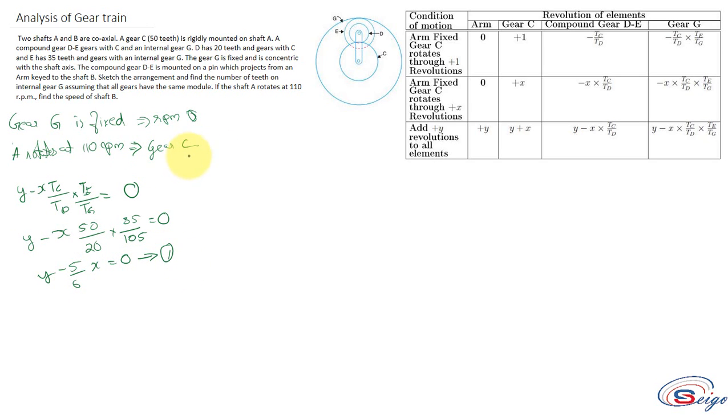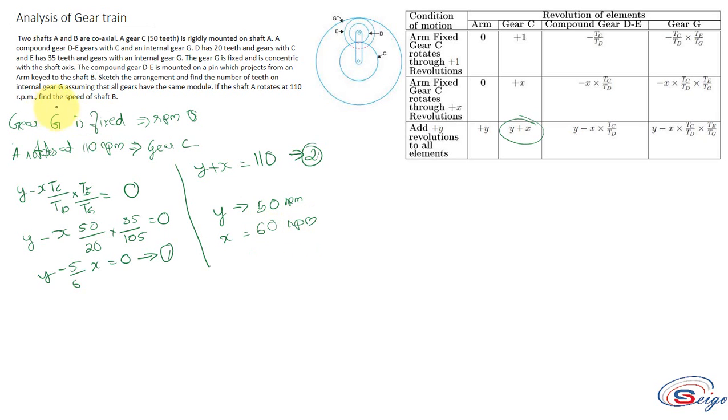Your second condition is that shaft A rotates at 110 rpm, that means for gear C. You can see that gear C is here and the equation is Y plus X is equal to 110 rpm. So this is your second equation. Upon solving these two equations, we get the value of Y as 50 rpm and X will be equal to 60 rpm.